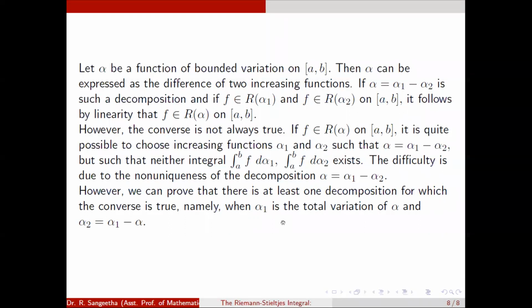Just bring alpha 1 to this side, then alpha 2 can be written as alpha 1 minus alpha. So if alpha 2 is alpha 1 minus alpha, and alpha 1 is the total variation of alpha, then we can show this. And this is the statement of the theorem.